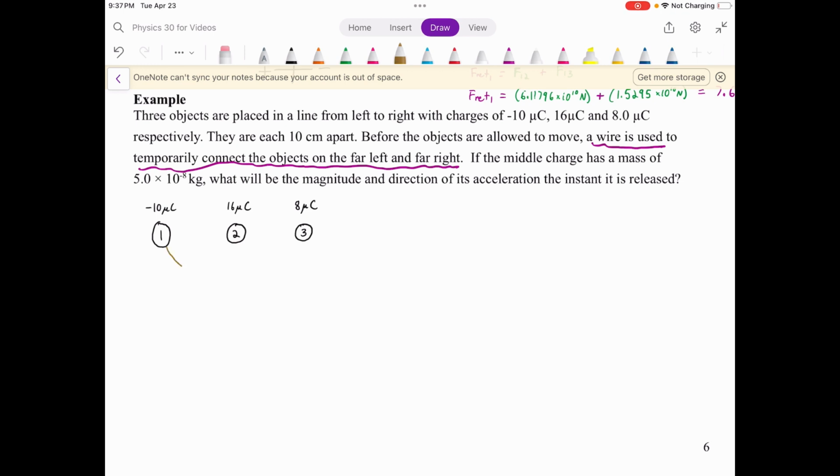We allowed them to be connected by a conductive piece of wire, right? And if it's conductive, it allows electrons to flow through it. And electrons would want to move from this negative one, where there's obviously lots of extra electrons, to this positive one, right? Like would repel over here, and the opposite would attract the electrons over here. So electrons are going to move from there to there.